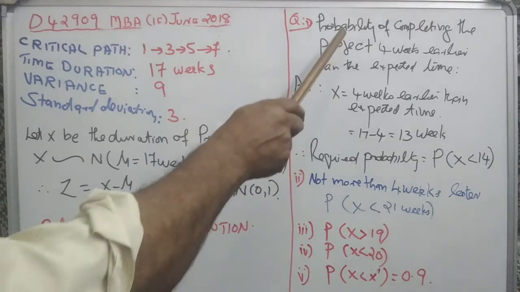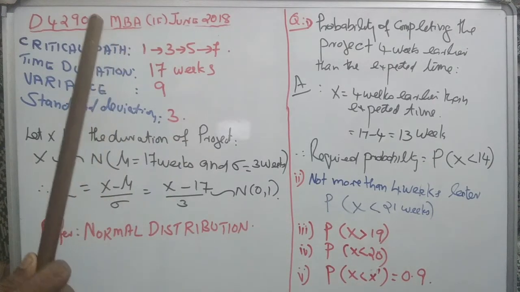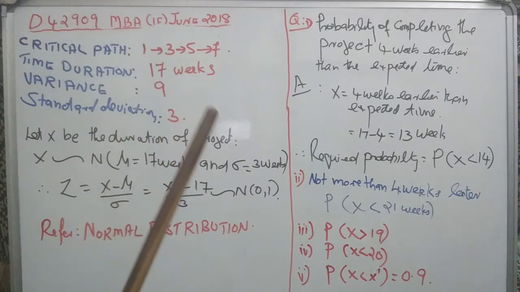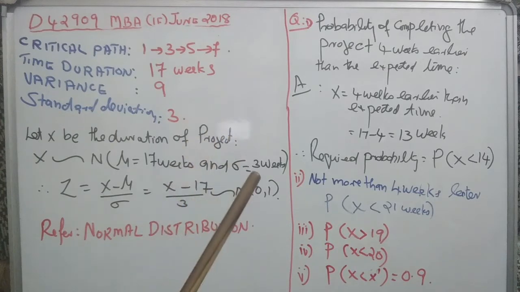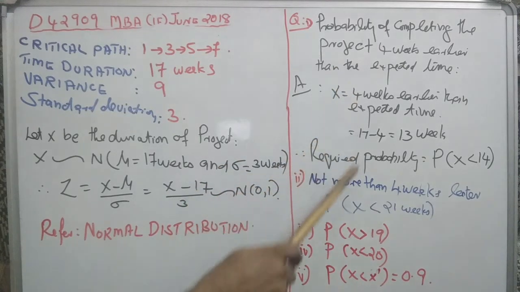Then all the questions are answered with respect to the normal distribution. For normal distribution, we use the property of standard normal distribution, and to determine probability, we use standard normal probability tables. For that, refer to normal distribution. Now we are going to find the probabilities for each question.